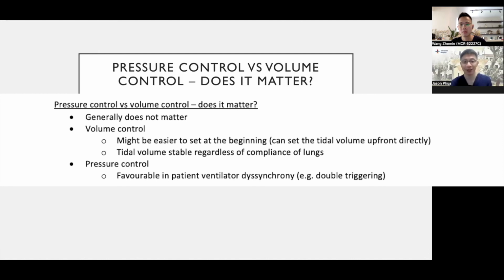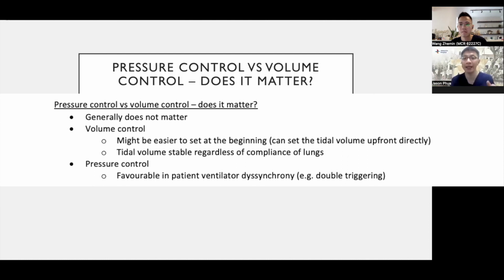Too much to discuss, but to cut the long story short, in order to reduce the double triggering on volume control, what we generally do is we increase the inspiratory time. That's one. And if it doesn't work, in some patients where the plateau pressure is not very high, meaning that the lung injury is not very severe, we do consider increasing the tidal volumes to, say, 6.5, 7, 7.5, 8 mils per kg, just to prevent the double triggering.